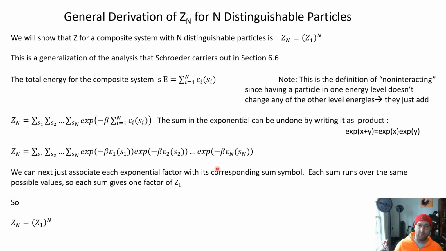By the end, when you've summed over all the possible levels, you'll get the same number, Z sub 1. And so this is a direct proof. You've got all these products, and each one, when you've done the sum, will give you a Z sub 1. And so that gives you the fact that Z sub n is equal to Z sub 1 raised to the nth power. So this is a specific result, the composite partition function for n distinguishable, non-interacting particles.